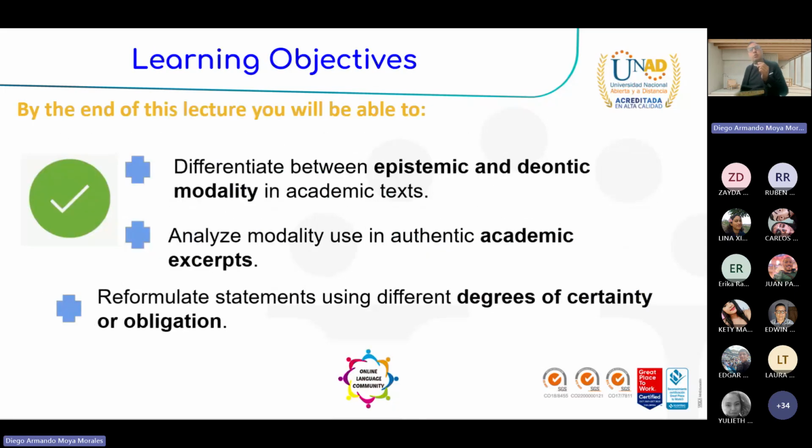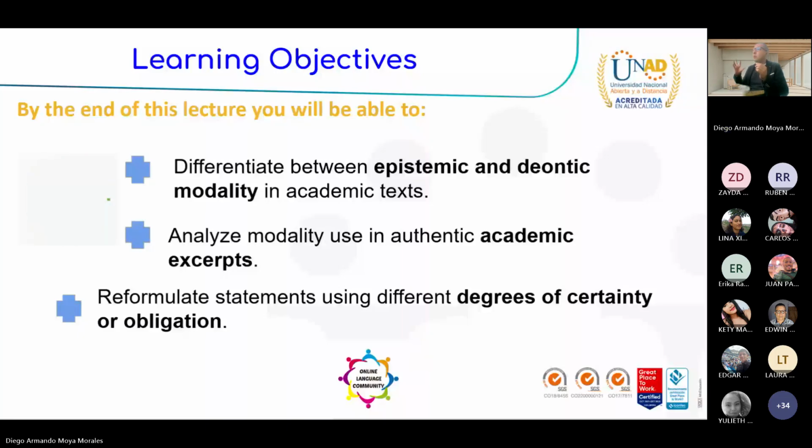Okay, so for sure, we're going to have some learning objectives. The idea is that at the end of this session, you will be able to achieve these three goals. The very first one is to establish the difference, that you understand what is the difference when somebody mentions that there exist something called epistemic and deontic modality.